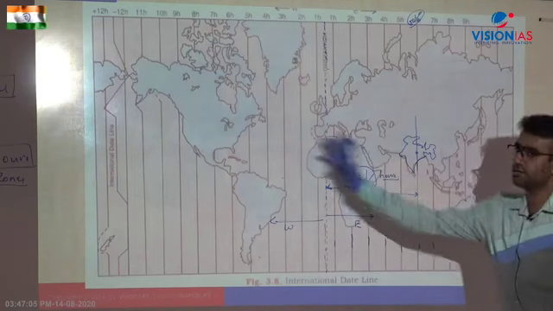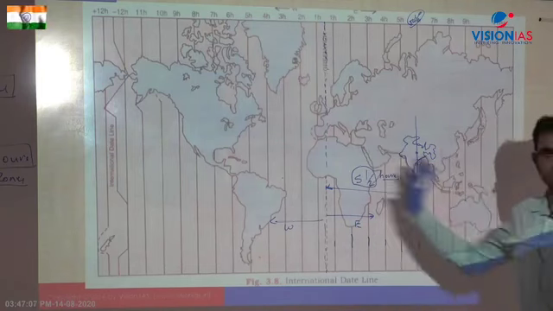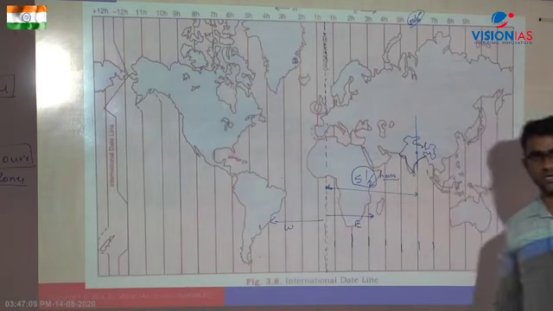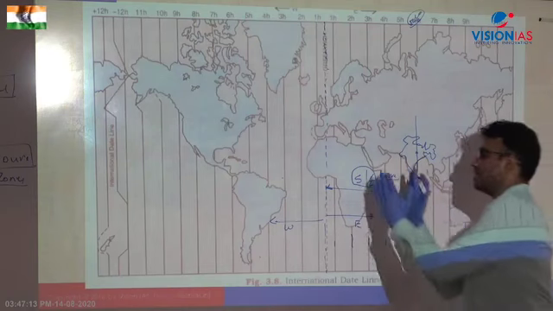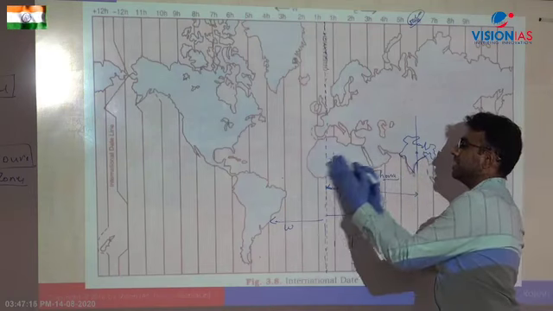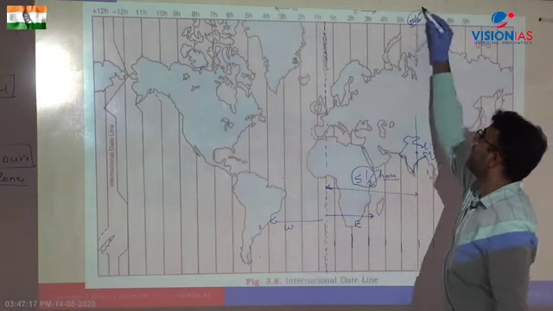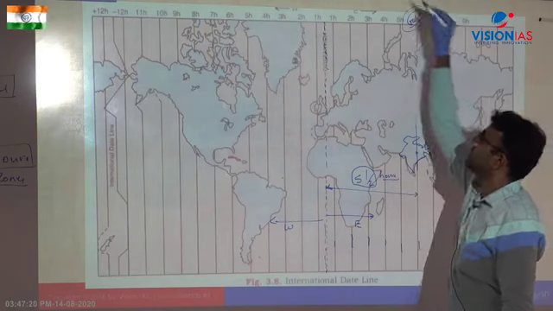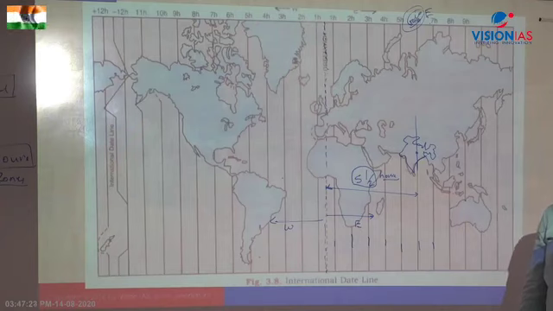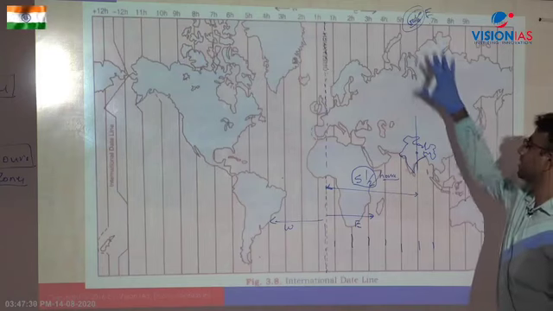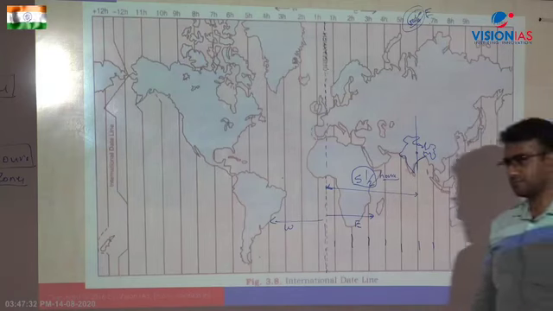Sun rises in the east and sets in the west. Is that right? So the sun rises first here and then it is here. So that means we are 5.5 hours ahead of Greenwich mean time, because we are at the distance of 82.5 degree east from the Greenwich meridian, the prime meridian. 82.5 degree means 5.5.